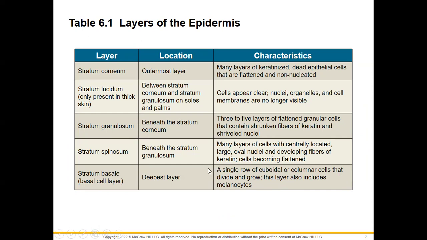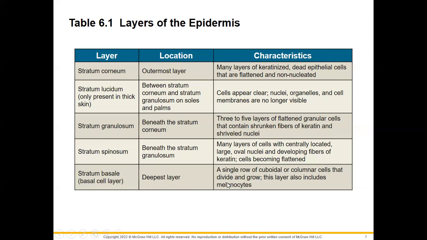So you don't want to use the deepest layer to try to identify that layer of epithelial tissue. In this particular case, they may look cuboidal, they may look columnar, but they're still that deepest layer of the epidermis. And these are the cells that divide and grow. So your skin is growing from the stratum basale.